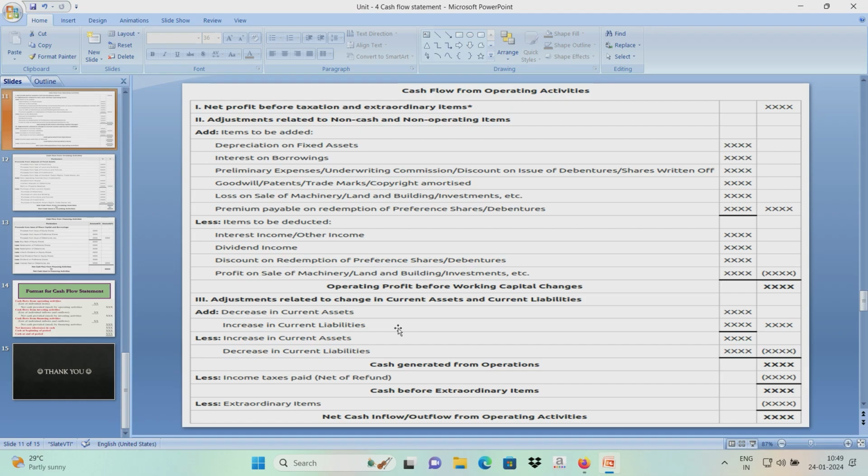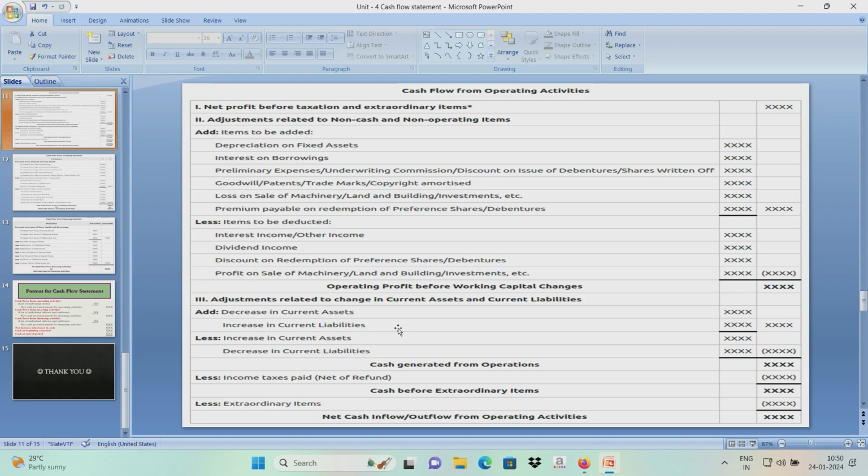Certain items we need to add and certain items we need to subtract. What are the items we need to add? That is depreciation on fixed assets, interest on borrowings, preliminary expenses, underwriting commission, discount on issue of debentures or shares written off, goodwill written off, patents, trademarks, copyrights, anything amortized. All that amount we need to add.